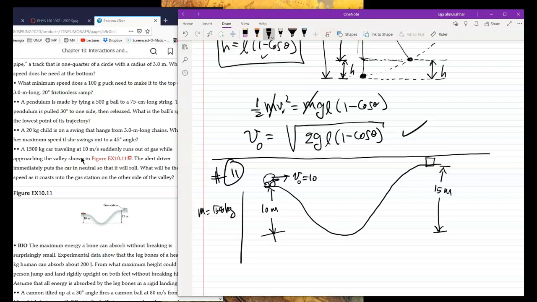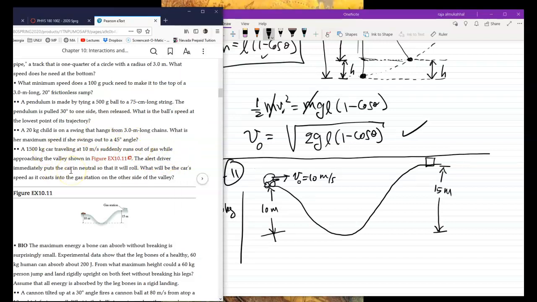Let me call it V0. It suddenly runs out of gas while approaching the valley shown in the figure. The alert driver immediately puts the car in neutral so that it will roll. What will be the car's speed as it coasts into the gas station on the other side of the valley, right here?